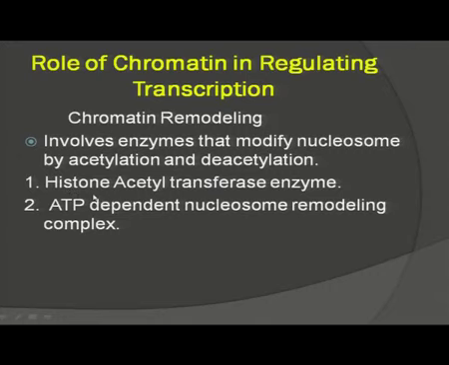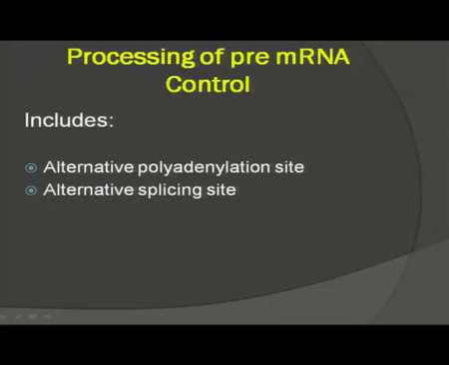The first is histone acetyl transferase enzyme and the second is ATP dependent nucleosome remodeling complex. These two enzymes help in the removal of histone octamer from DNA so that the DNA transcription can be initiated. So, this is how the chromatin can be regulated during transcription.